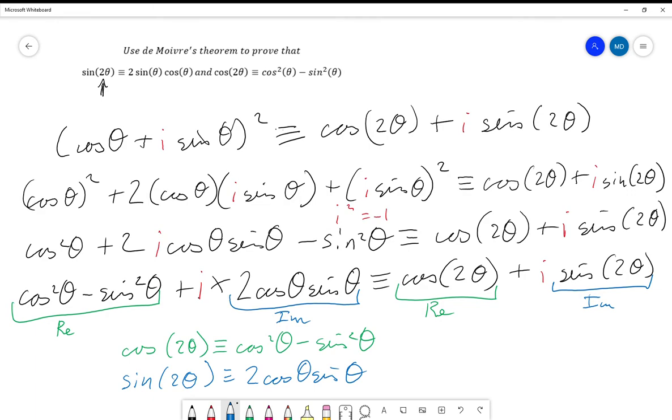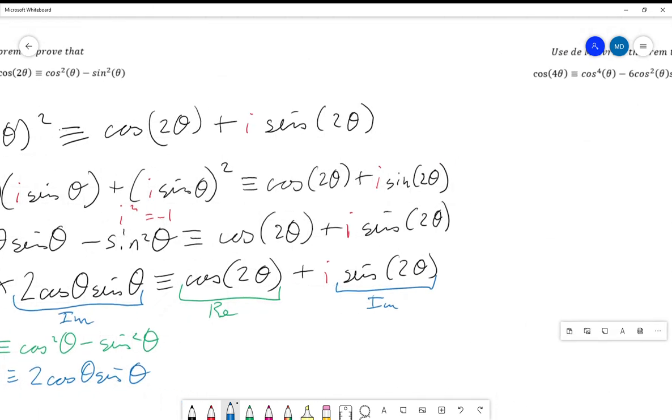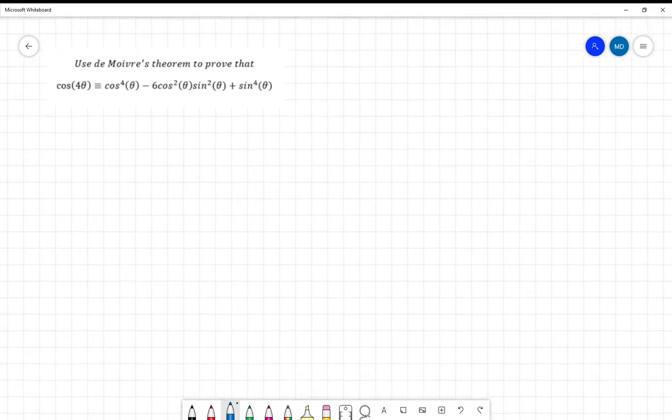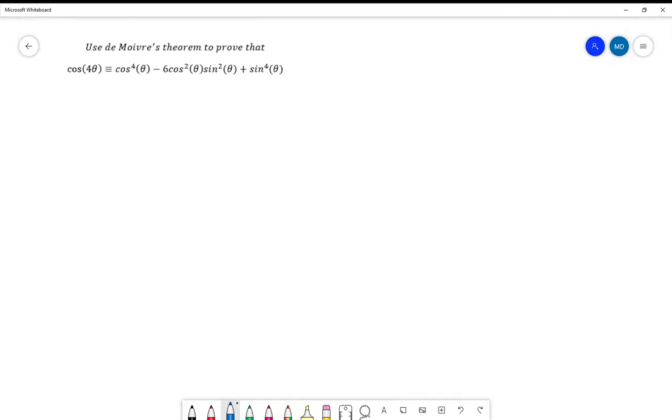There we go. Okay. Let's go on to a slightly more complicated example. Here we want to use de Moivre's theorem to prove that cosine of 4 theta is identical to cosine to the 4 theta minus 6 cosine squared theta sine squared theta plus sine to the 4 theta. And again, we're looking for 4 theta, so the power of de Moivre's theorem we want to use is the power of 4.